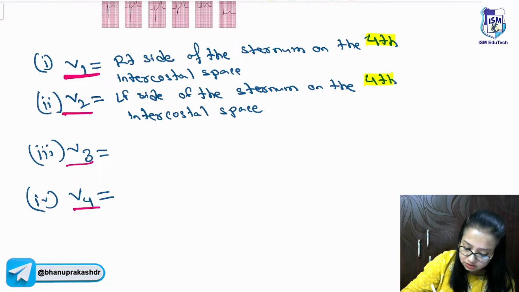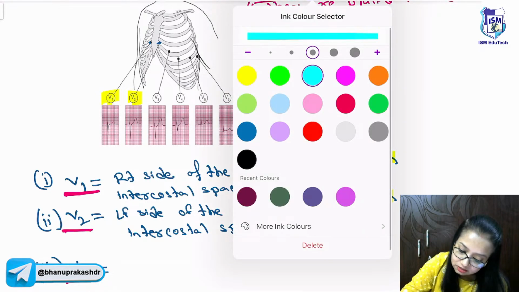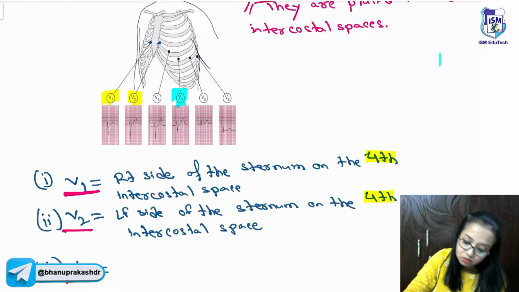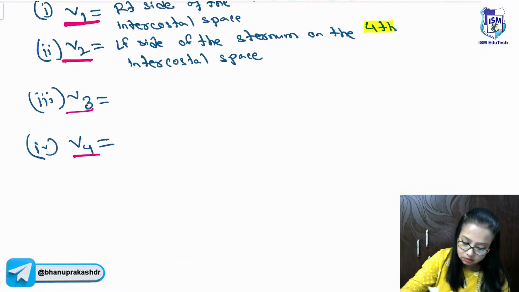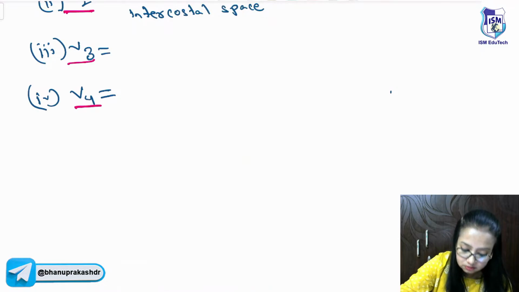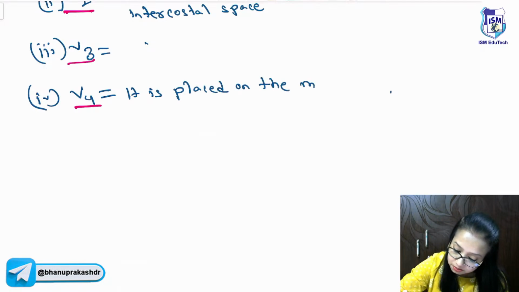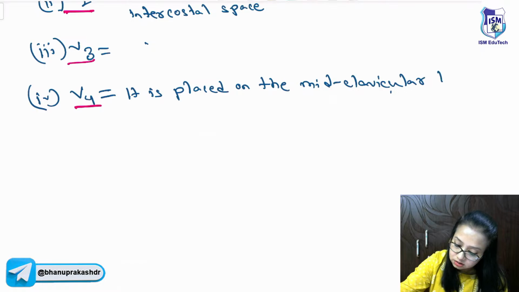Looking at V4, where is it placed? V4 is placed on the mid clavicular line.